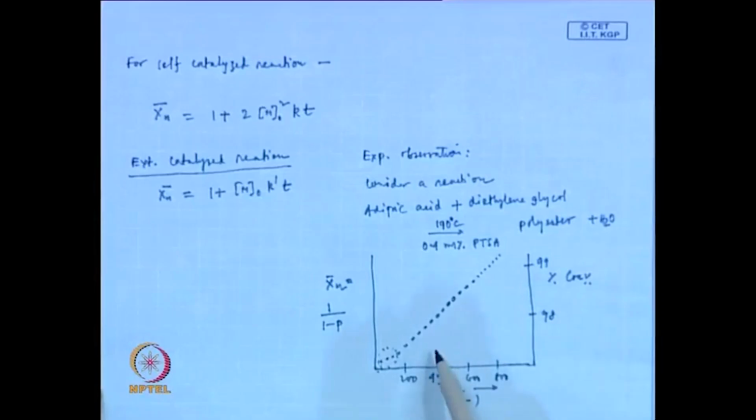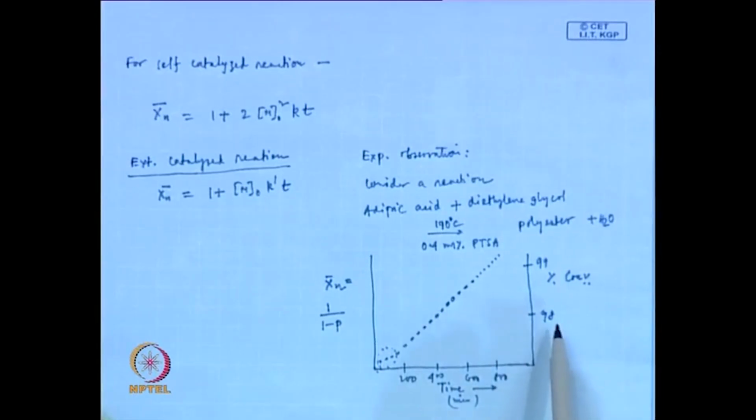Remember, what are the other conditions we have assumed or imposed during the derivation of this expression? One was that there is 1:1 stoichiometric composition of the two monomers, or two functional groups, in this case carboxylic acid and OH.